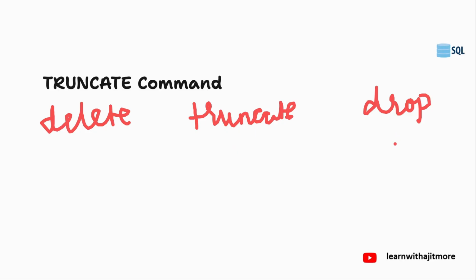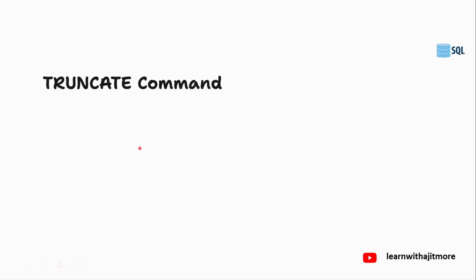And what does drop do? It removes the records and removes the table as well. The table is also gone. Remember, in case of delete and truncate, the table exists. In case of drop, the table is also destroyed. Correct? So always remember, delete is always slower. Why?